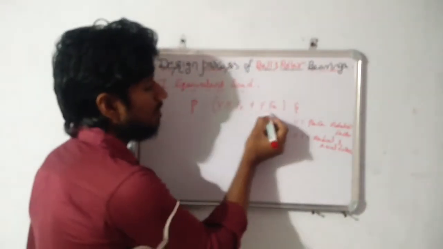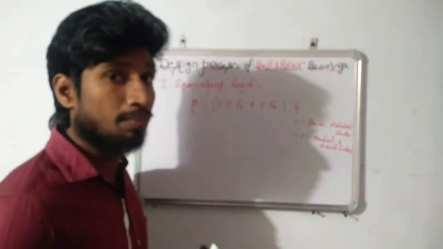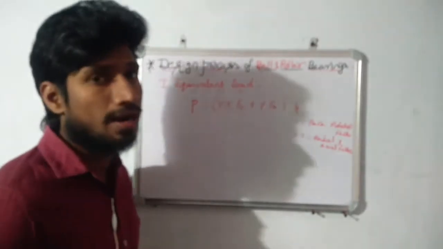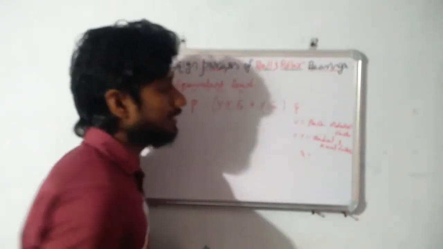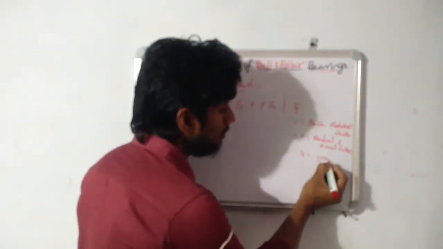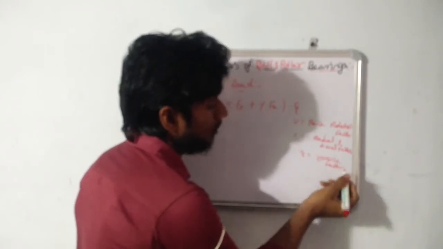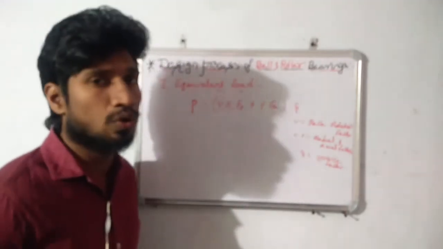FR and FA are the types of loads acting on the bearing, that means the radial load and the axial load. And one more thing is S, the service factor. So these are the terms involved in the equivalent load condition.